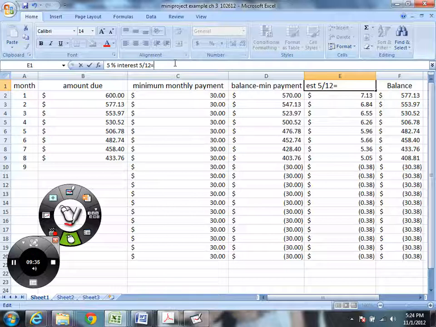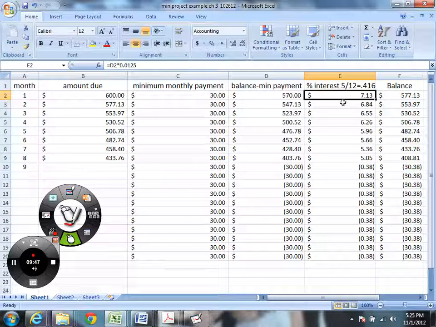So 0.41. So that's 0.416, let's say 7. Okay. So that means when I do this calculation, that's what it is as a percent. So then I would have to move the decimal place over 2 spots.